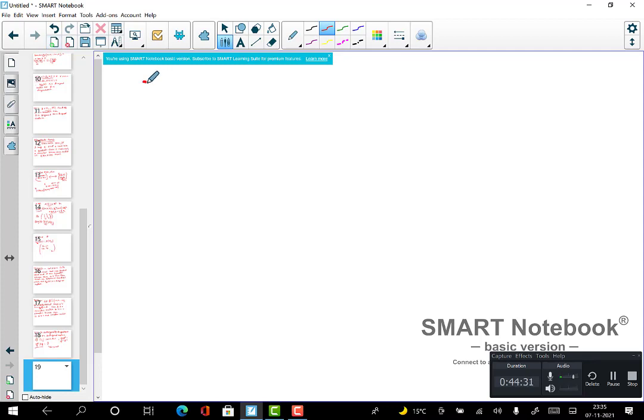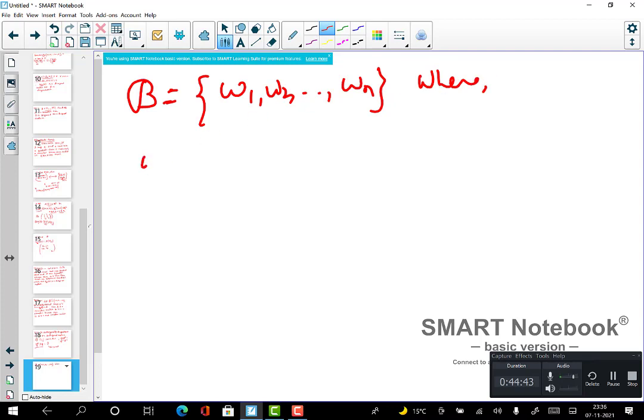Okay, so now we will define the new basis B, and the elements are say omega 1, omega 2, and so on up to omega n, where these omega j's are summation q ij v i, i equal to 1 to n. So we define by this identity the omega j's as the new elements.